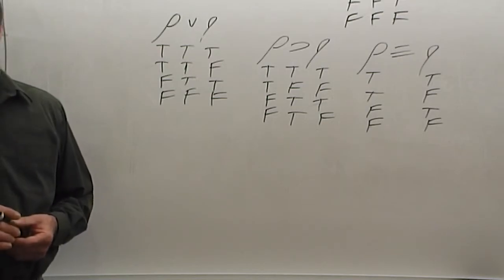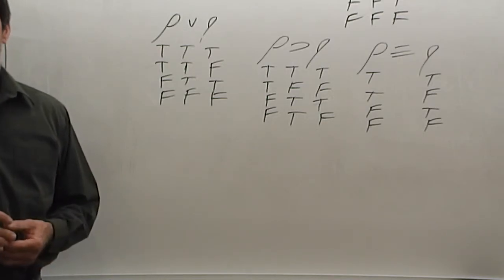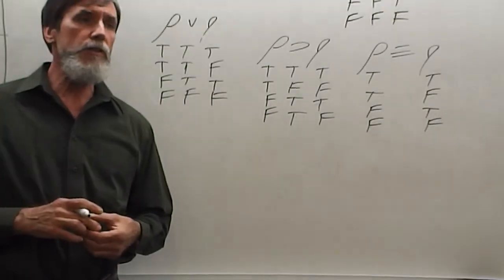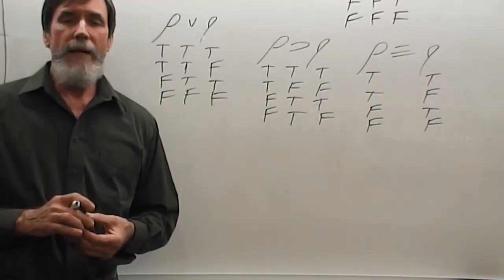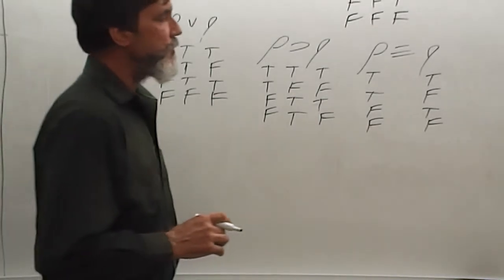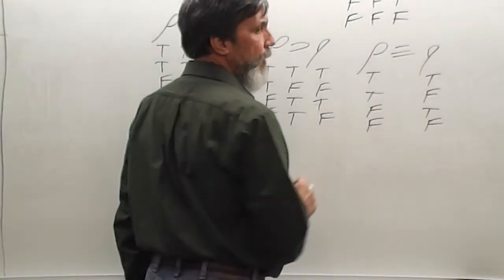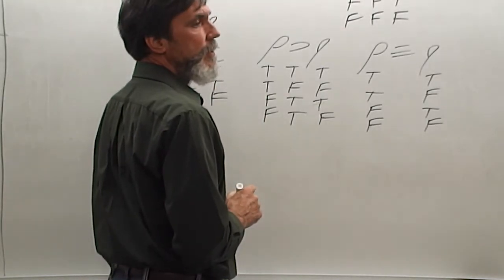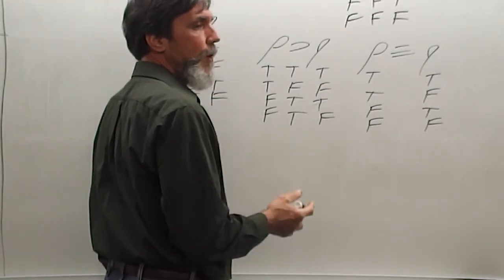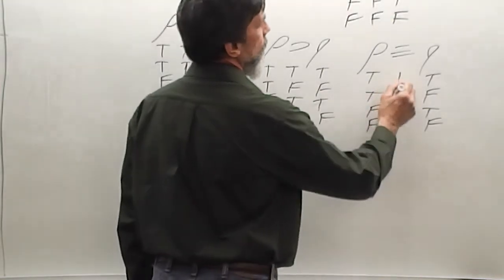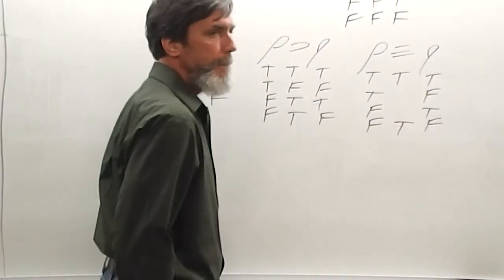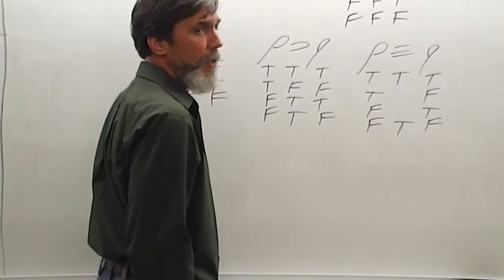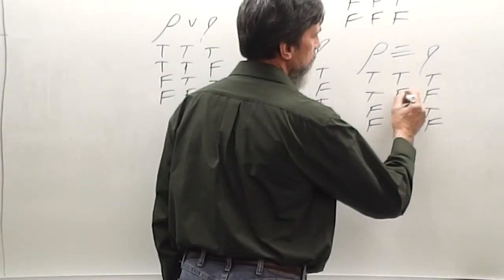The truth value of the tribar, or in other words, the biconditional statement form, is a function of those truth values. What is that function? By definition, the tribar is true if both components have the same truth value. Either both true or both false. So on our top row we have a true tribar, bottom row we have a true tribar. Those components have different truth values, we have a false biconditional.